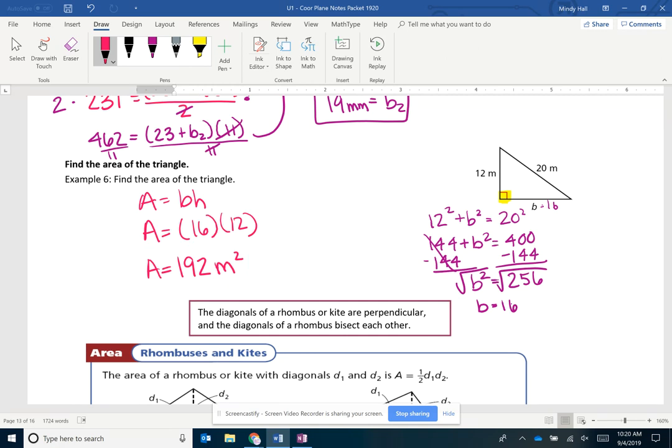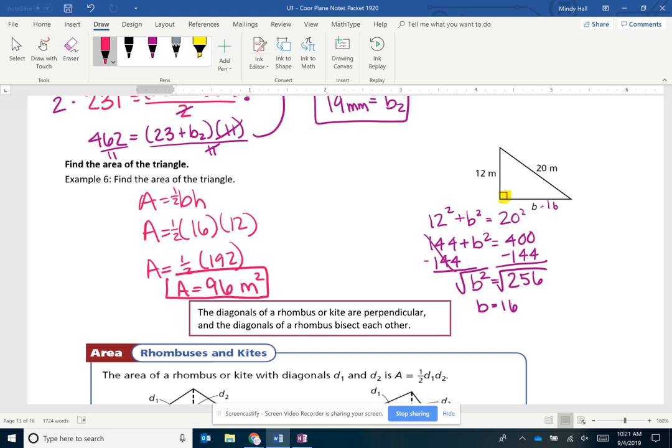Oopsie. So since this is a triangle, it's actually going to be 1/2 your base times your height. So 1/2 of 16 times 12, which makes this 1/2 of 192, or 192 divided by 2, which gives us 96. I thought that number seemed strangely humongous. There we go. So it's 96 meters squared.